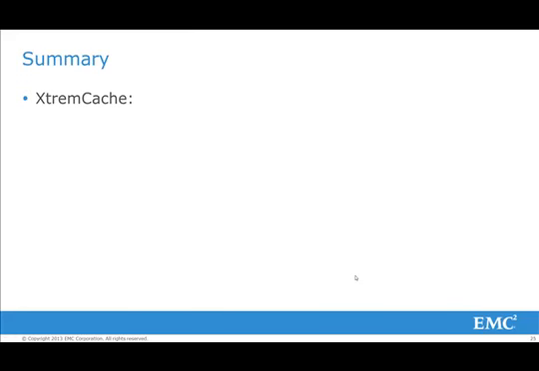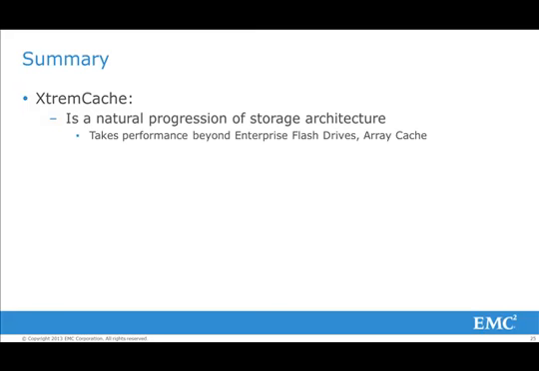So, XtremCache. XtremCache really is just a natural progression of storage architecture. What's going on here is EMC is taking performance beyond enterprise flash drives and even the DRAM of enterprise class arrays, and moving those reads back up to the host where they really belong. Today's hosts are incredibly capable of moving data from memory to CPU.